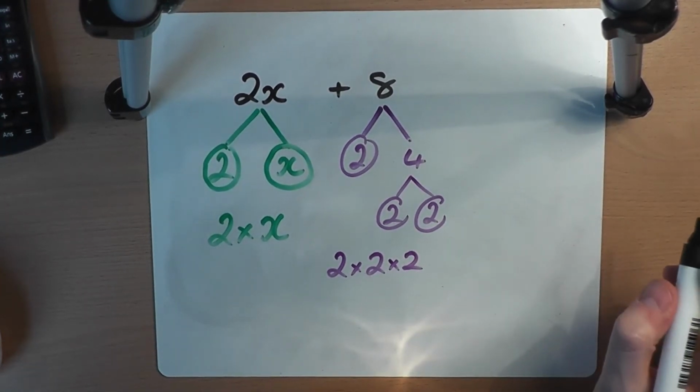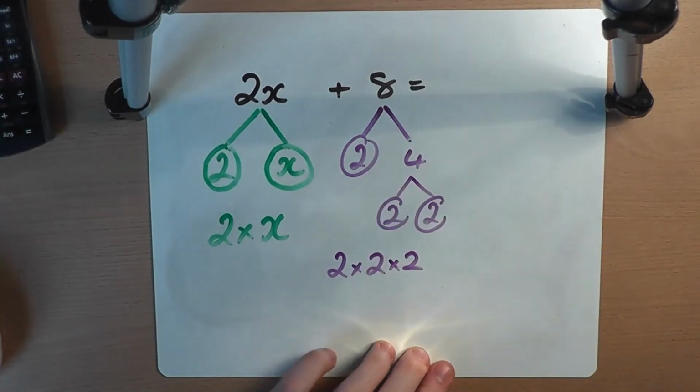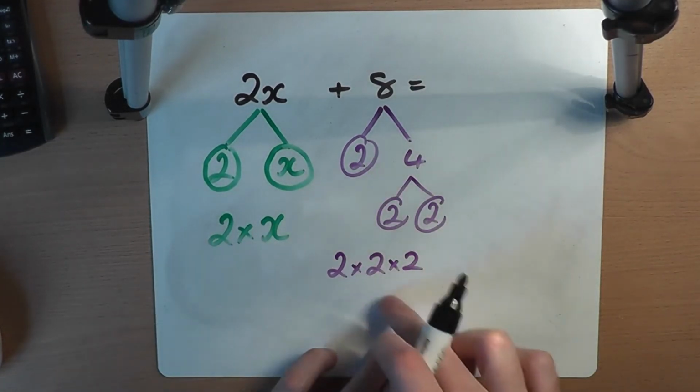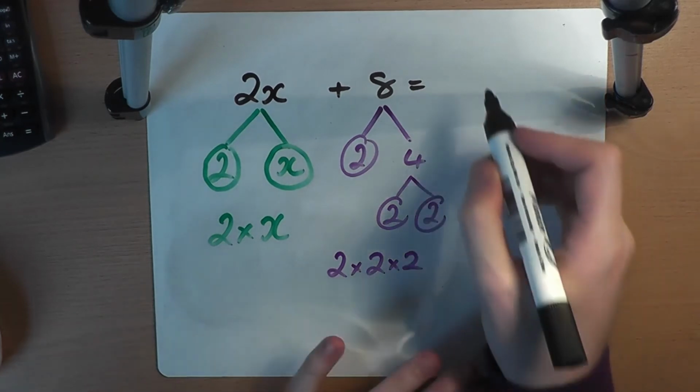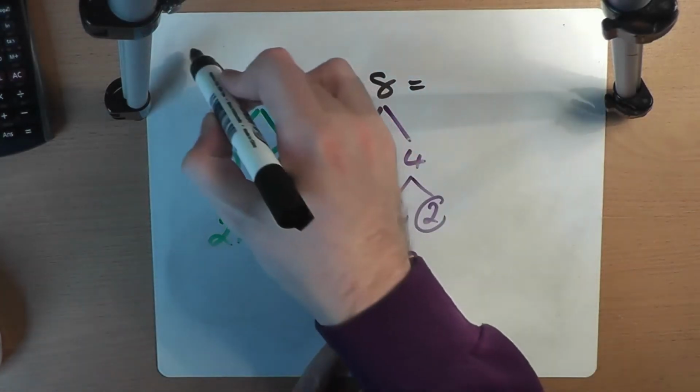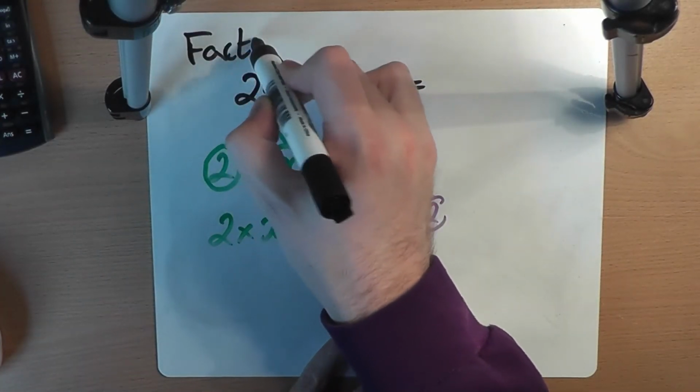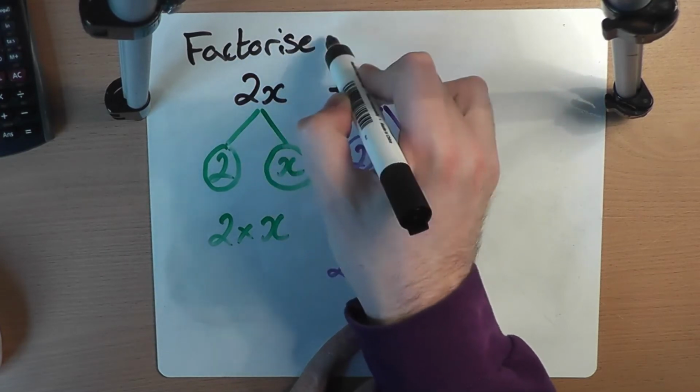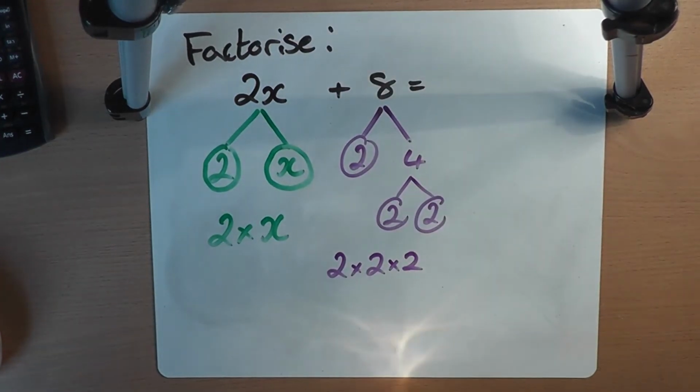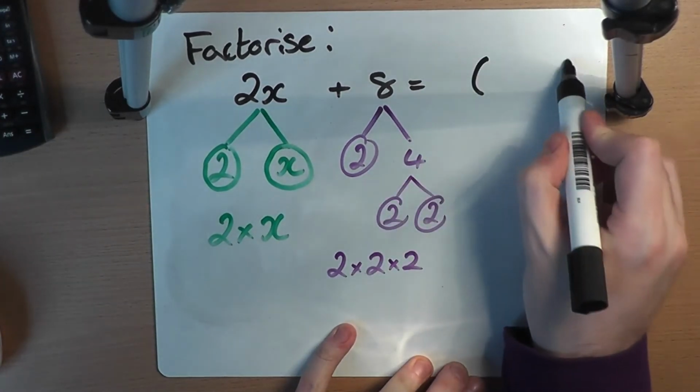Well, so what? We need a little bit more structure to this. We're going to use these to help us work out what goes where, but we need a basic structure. Well, we know that if we are factorising, for the question would say, nice and simple, factorise 2x plus 8. If we're factorising, we're going to be putting some brackets in.